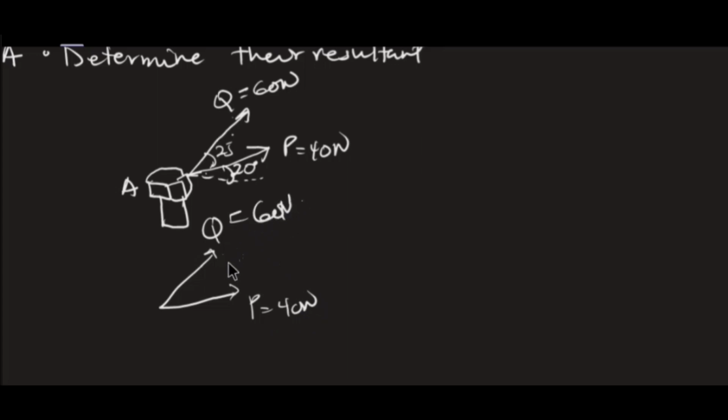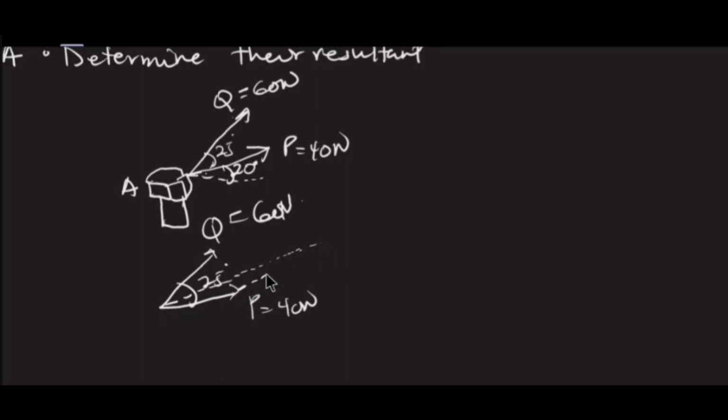Now the parallelogram law of vectors says that if you have two vectors which represent the two adjacent sides of a parallelogram, then the resultant is the diagonal of the parallelogram. As simple as that. You know that the angle between the two forces is 25 degrees, right? So you make the resultant the diagonal of the parallelogram.